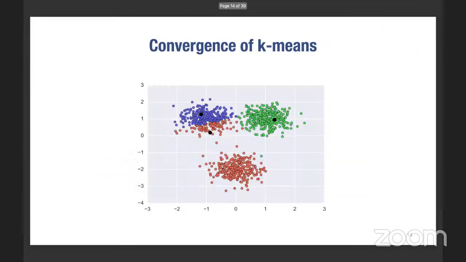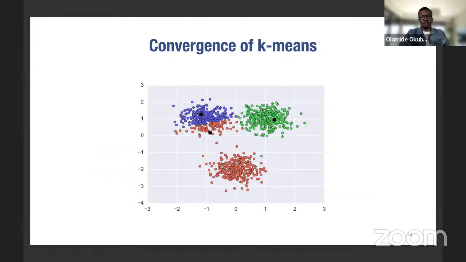So these are the data points on the graph, right? Red is supposed to be part of one class, green is supposed to be part of another class, and blue is supposed to be part of another class. That's basically what we know. So we started with 3 random points, picked randomly anywhere in hyperspace.